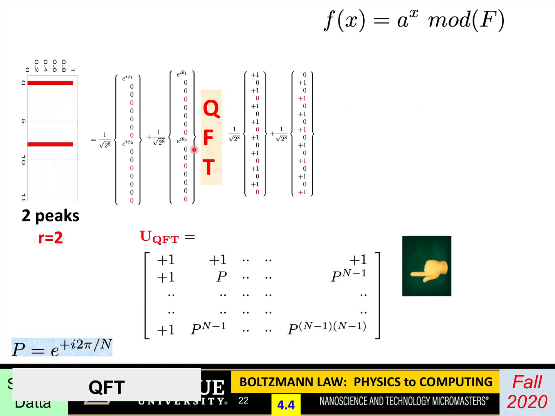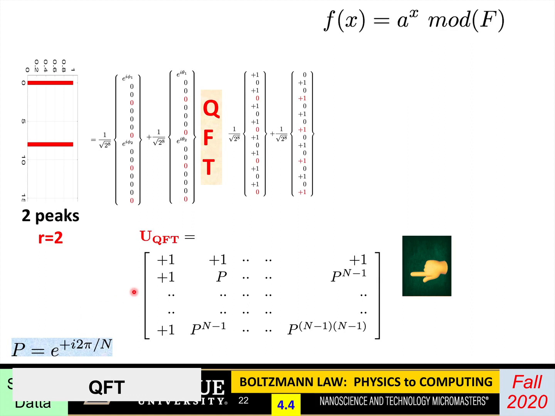Now, what does this quantum Fourier transform look like? Well, the basic transformation would look something like this. This is basically the Fourier transform. The idea is you take the different components, and when you calculate the output, the first column is all ones, the next one goes 1, p, p squared, etc. The next one goes 1, p squared, p to the fourth, etc., where p is this phase factor.